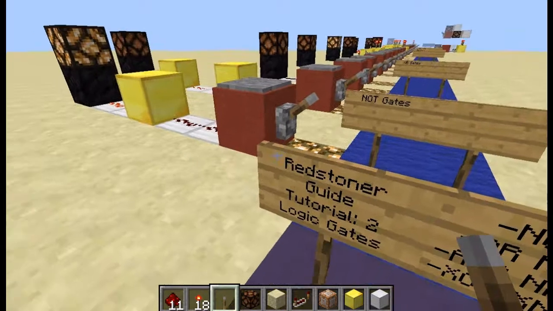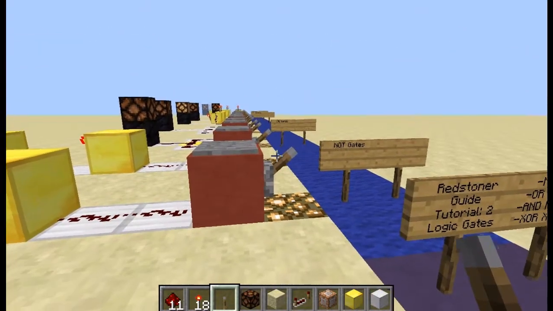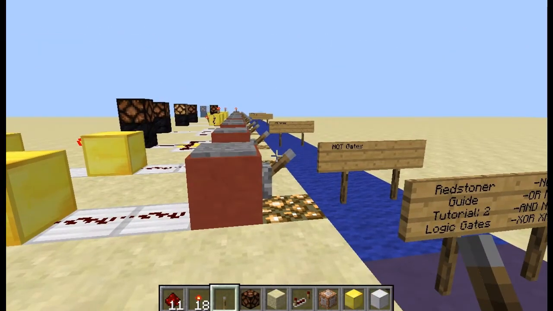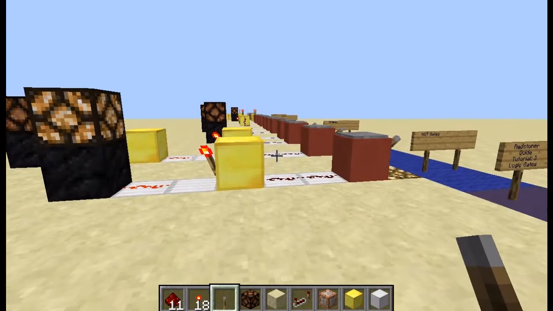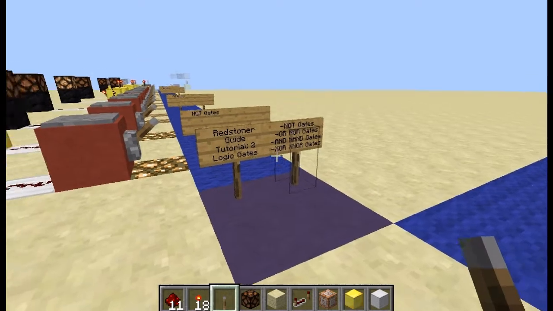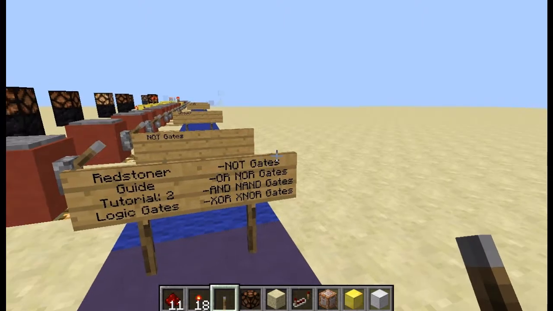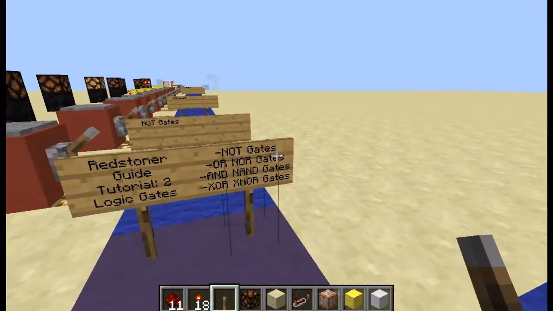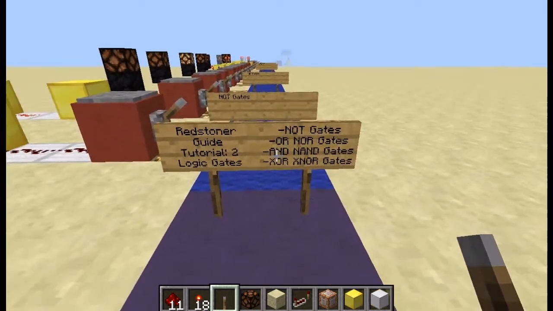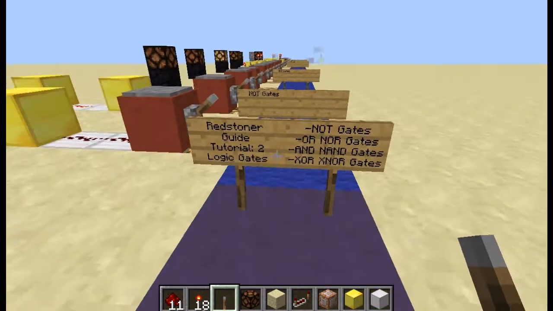Basically, we're going to have this lever and this lever in certain positions, and maybe this other lever is not going to be in that position. Then what will be our output? You can get whatever kind of output you want by choosing different gates. We have a bunch of different gates: the NOT gate, the OR and NOR gate, the NAND gate, and the XOR and XNOR gate.